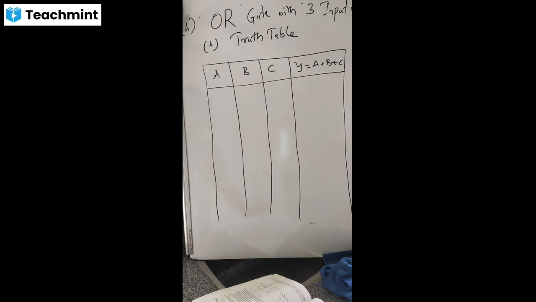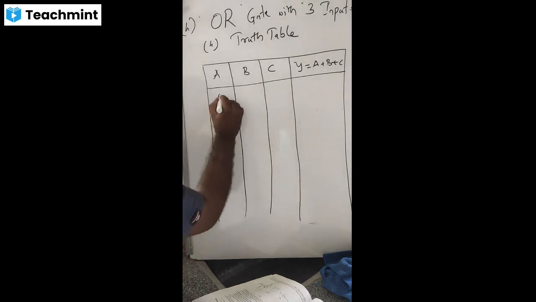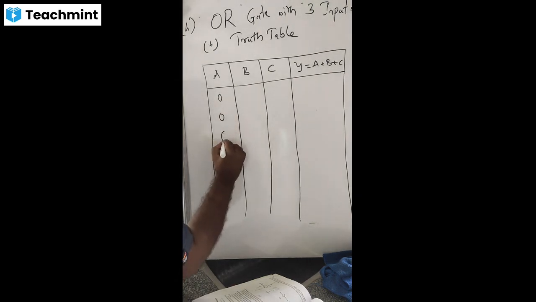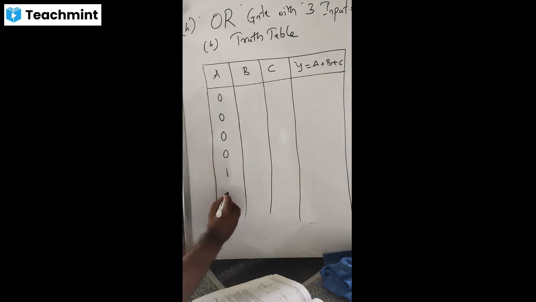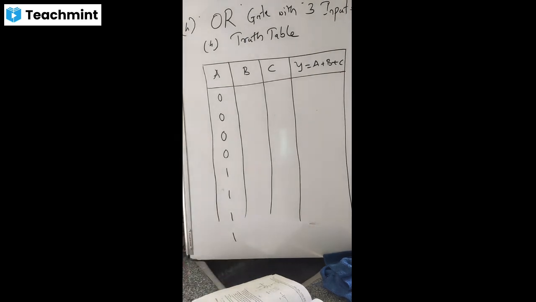So first, for A you write 4 zeros: 1, 2, 3, 4 zeros. Then next you write 4 ones. 4 ones.